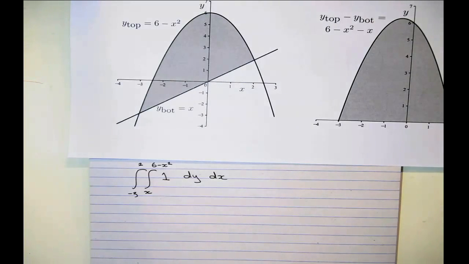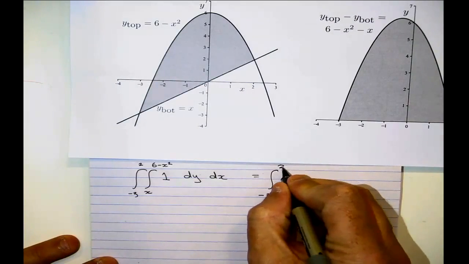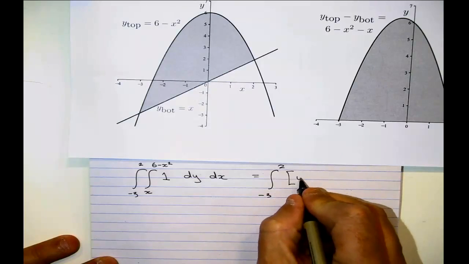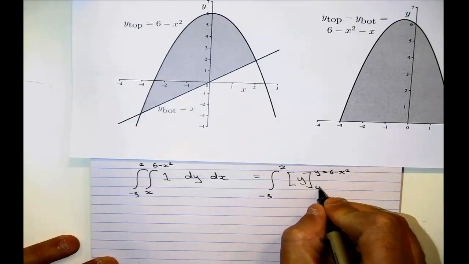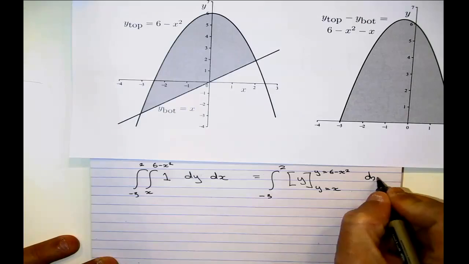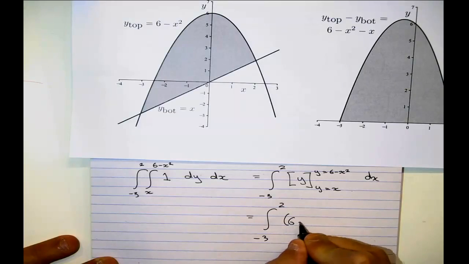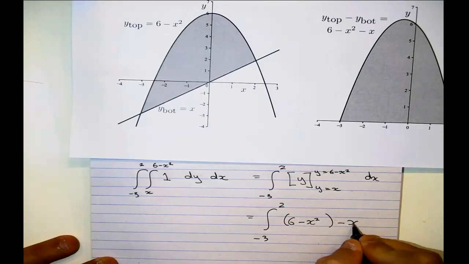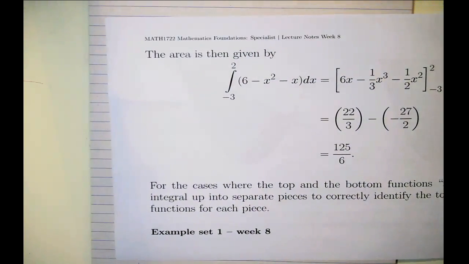The reason is if I do the first inner integral, remember you work from the inside out, the integral of 1 with respect to y is just y, evaluated at the upper limit. And when I do this, I get exactly what you're doing here.